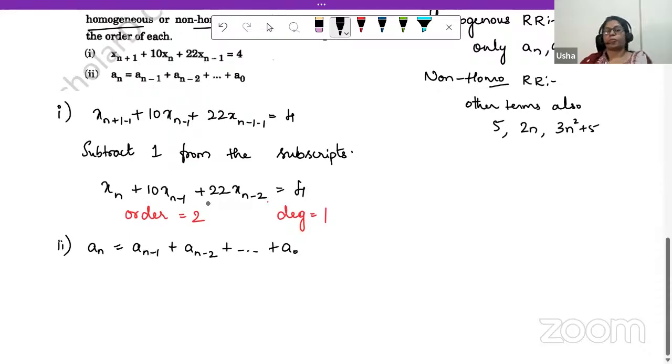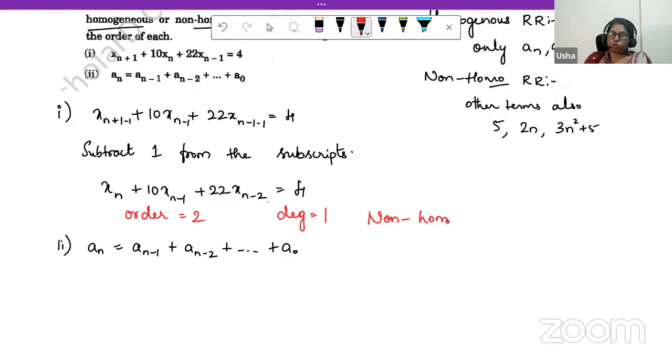Degree is a power. Whenever you are writing degree, just observe whether you have products. Here there are no products. Each term has one xn only. Ma'am, does -4 come on LHS and become non-homogeneous? See, whether it is in the LHS or RHS, it is non-homogeneous only.